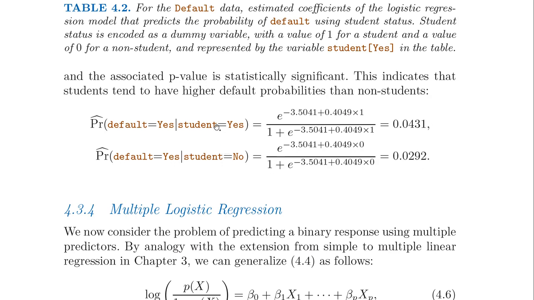We're going to see that a student, although it's 4% over here, it's not giving you the whole story, as is often the case with a single predictor variable. Once we allow for balance, students equals yes is actually going to be the safer bet.